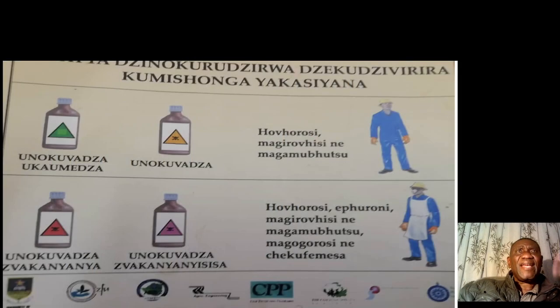Okay, we have protective clothing. We have triangles on the pesticide labels signifying the level of toxicity and also the level of protection which may be required.